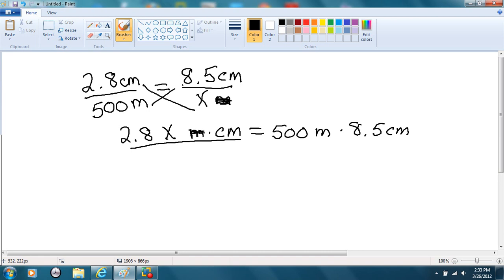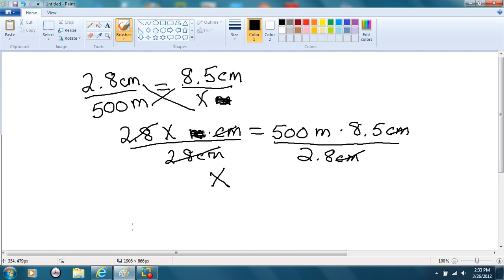So I'm going to divide each side by 2.8 centimeters. And over here, 2.8 centimeters. And now the centimeters cancel. All of this cancels here. And I get x is equal to whatever this is.